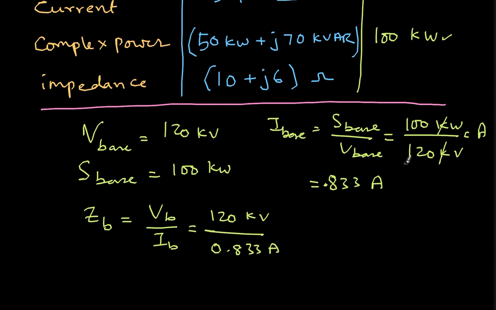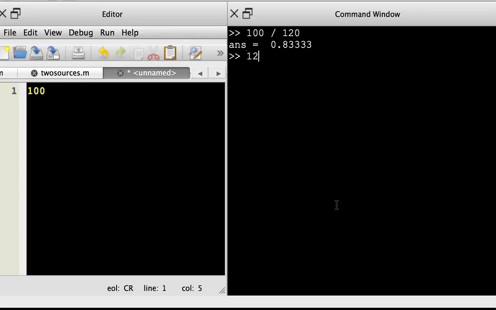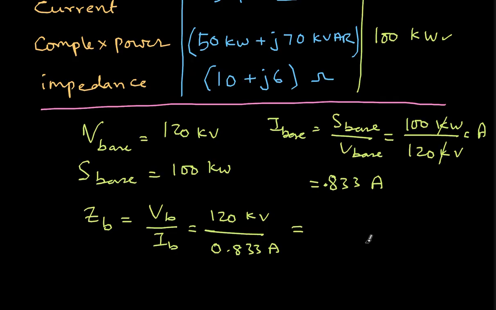Let's do that. We need to be careful with the units. So 120 kilo, so 120,000 divided by the current 0.833. I'm getting 1.44 into 10 to the power of 5.